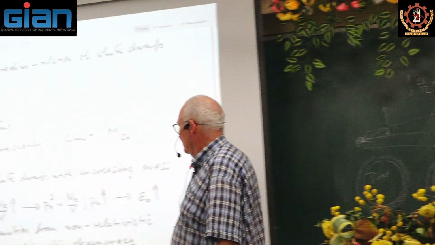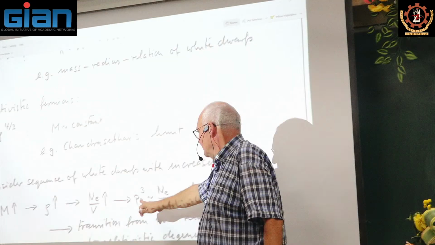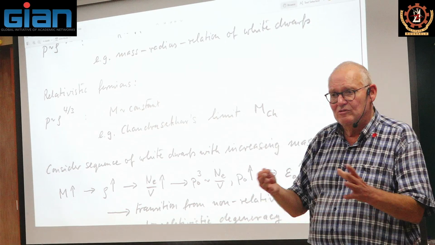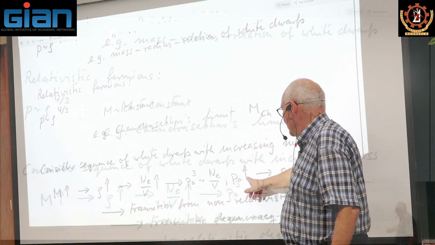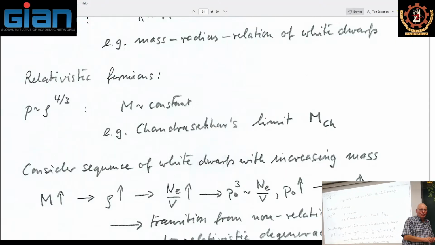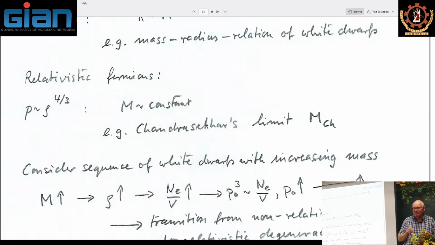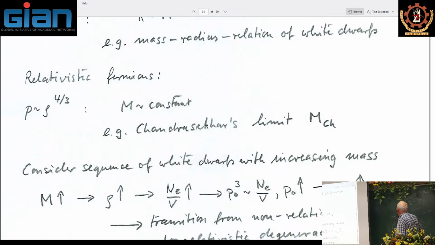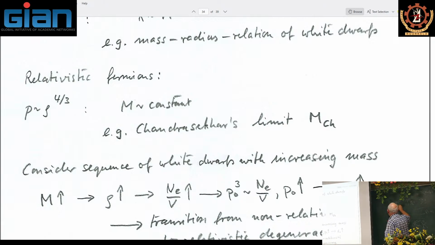So this means that the Fermi momentum will increase due to the increase of the number density, and then of course also the energy of the particles will increase. The maximum energy is proportional to P naught squared over 2m.